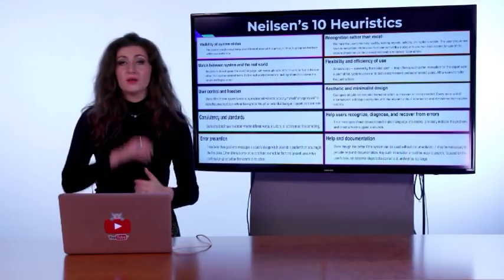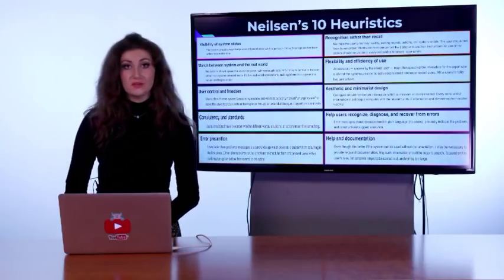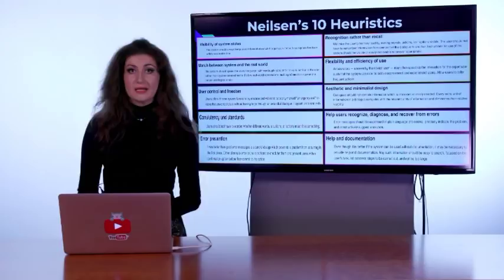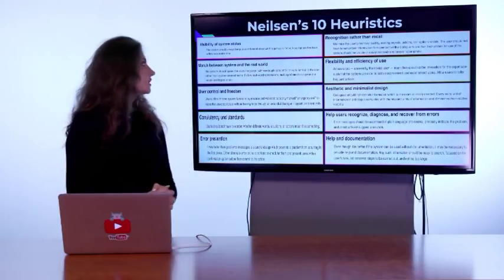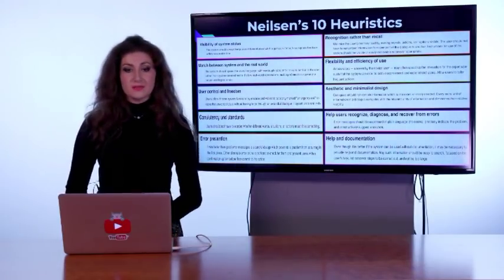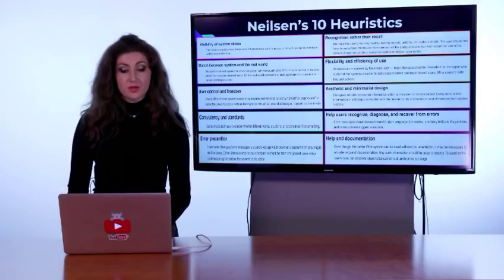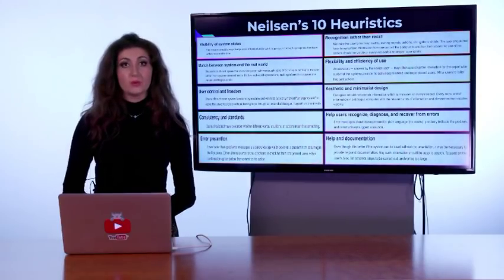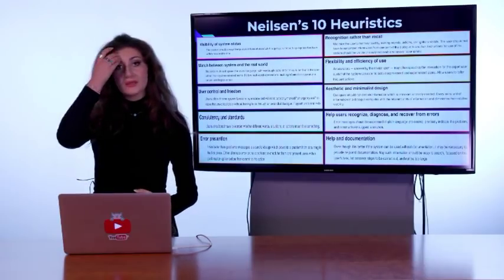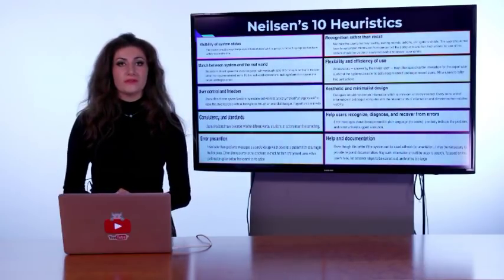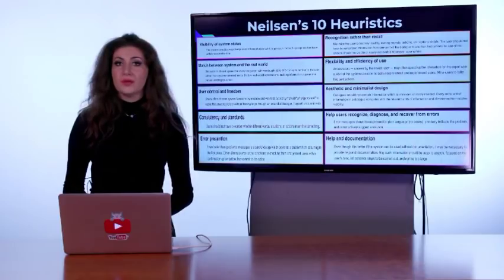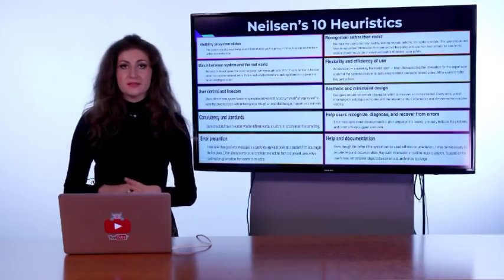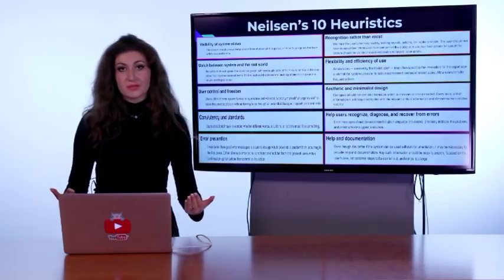So now let's talk about each heuristic in a little bit more detail to make sure you understand some examples of violations. The first one is visibility of system status. The system should always keep users informed about what is going on through appropriate feedback within reasonable time. An example of this: I don't know if you've ever tried to open a web page, or perhaps you were interacting with some mobile app and you were clicking on something and absolutely nothing was happening.